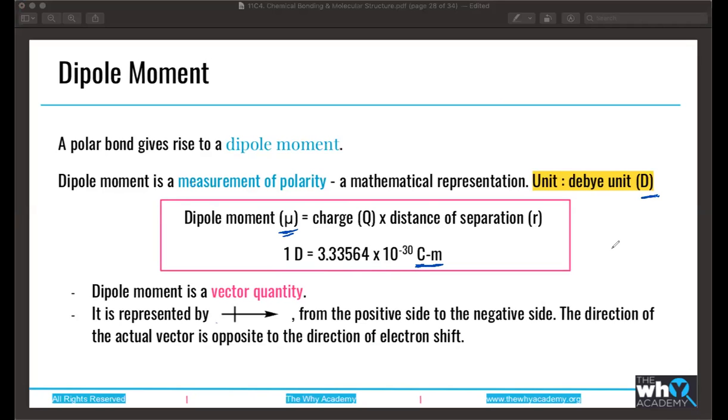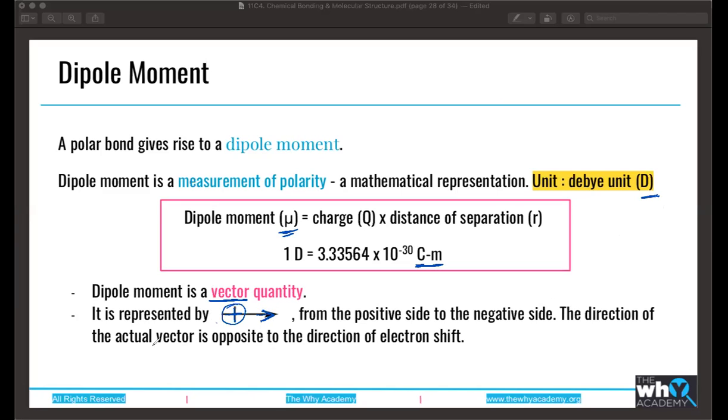And because dipole moment measures in which direction the electrons are being pulled, it's a vector quantity. If you had to show dipole moment within the molecule, you draw an arrow with a plus sign like this, or a line like this. The plus shows where the positive side is, and the arrow indicates in which direction the electrons are being pulled.